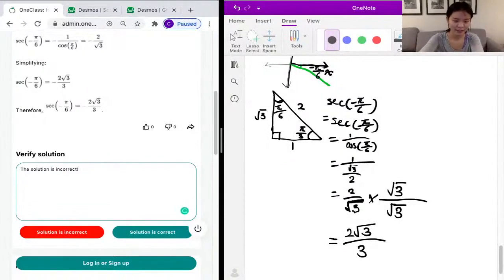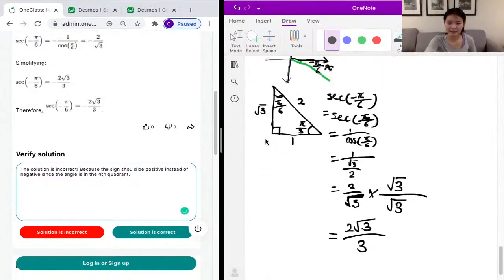Let's say the solution is incorrect because it is positive instead of negative. The angle is in the 4th quadrant.